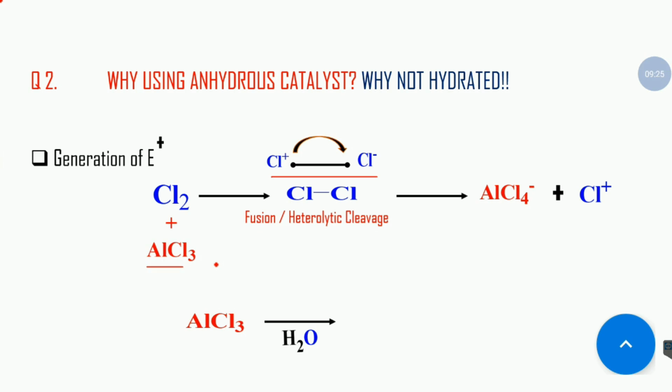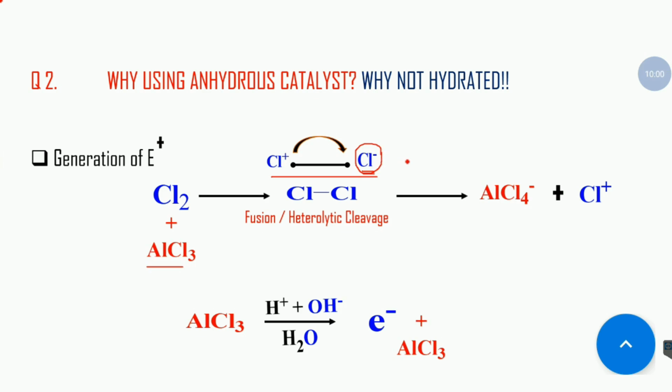Now suppose instead of anhydrous AlCl3 we use hydrated AlCl3, which means it contains water molecules. Now water can dissociate into H plus and OH minus ions, and this OH minus or oxygen atom carries a lone pair. So AlCl3 accepts electrons from the water molecule instead of capturing this one. Then what will happen?